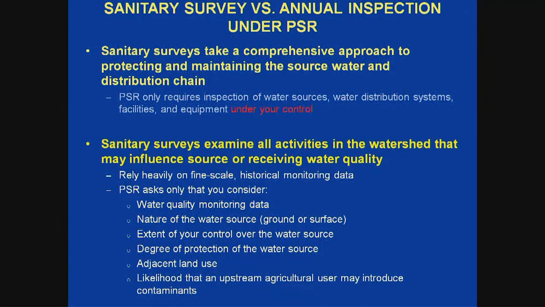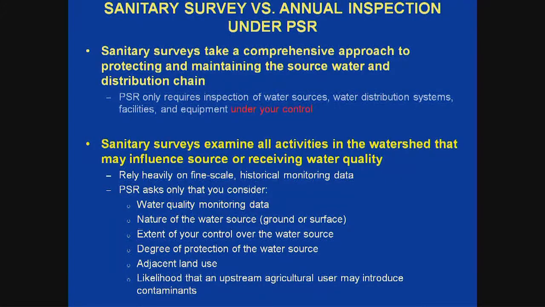Sanitary surveys examine all activities in the watershed that may influence source or receiving water quality. They can be a long ways away, and they rely heavily on fine-scale data. So not the 5 times a year that are sampled, but often these samples can be taken daily in distribution systems to make sure that there's no bacteria growing and no pathogens present.